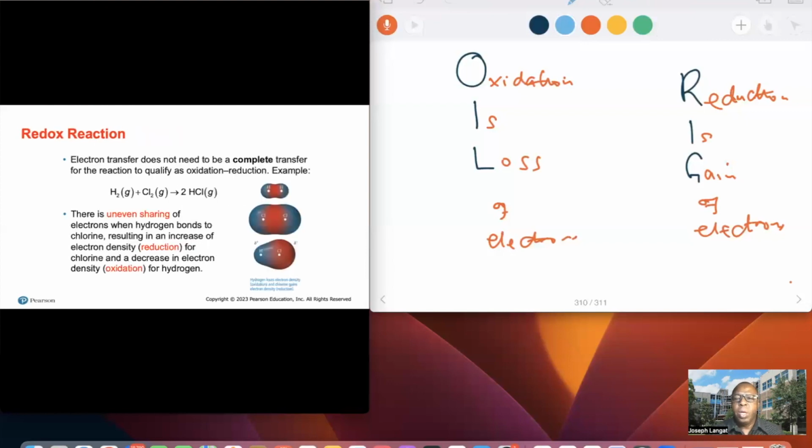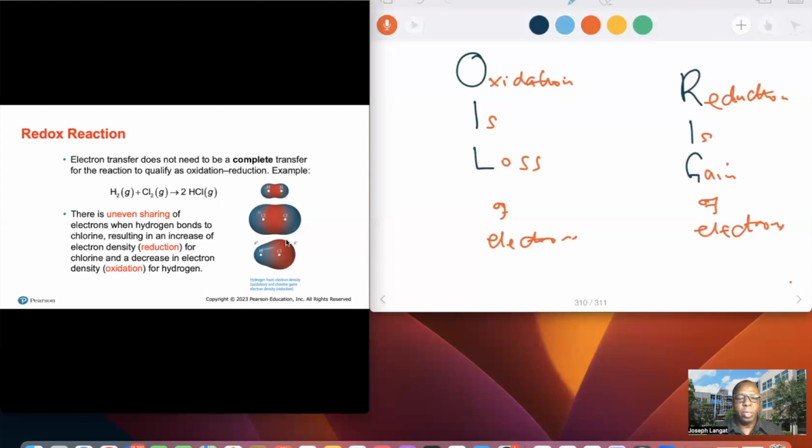Reduction does not have to be complete transfer of electrons from one species to another, but it could also be an uneven sharing of electrons, such as in HCl. In this compound, there is an uneven sharing, and an increase in electron density indicates a reduction.